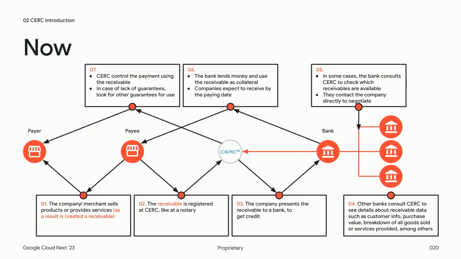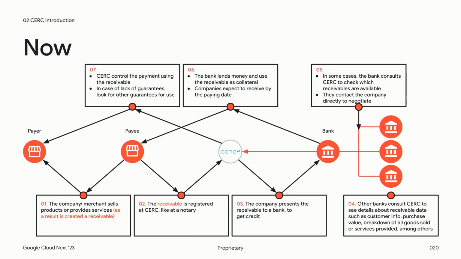The company presents the receivable to a bank to get credit, but now we have two use cases here. Step 4 is a little bit similar because banks want to understand more information about the receivables, but they ask CERC for this information. We provide the information to the banks, and after this, they make the transactions.